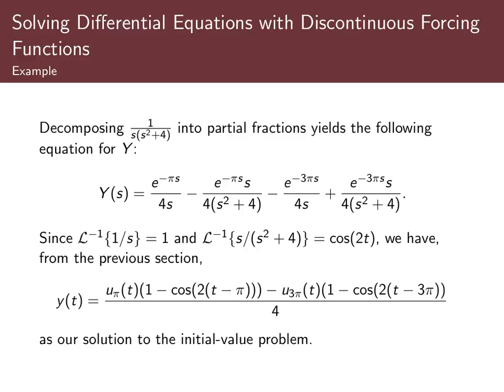Okay, so plugging that in, we know that the inverse Laplace transform of 1/s is just 1, and the inverse Laplace transform of s/(s² + 4) is cosine of 2t.